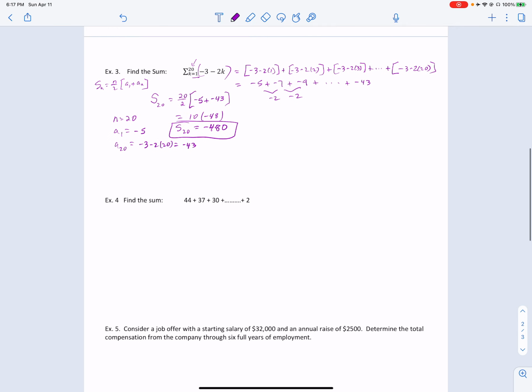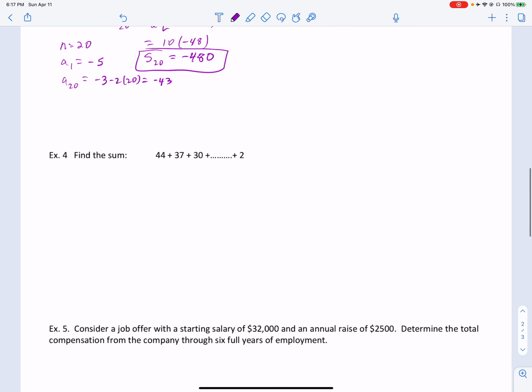And so in this last example, I want the sum of these. Well, if I'm looking at going from term to term to term, it's going down, and it's going down by 7. That common difference, 37 minus 44, is negative 7. 30 minus 37 is negative 7. We're going down by 7.